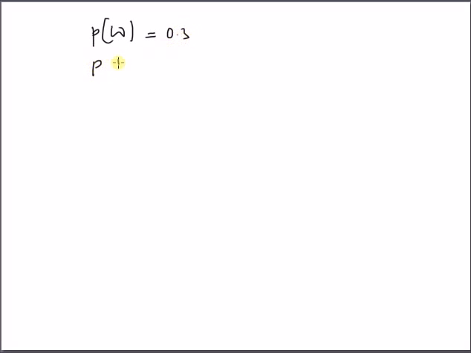Now we need to know the probability of event B, which is equal to the probability of all the outcomes in which the code is very long. So it is equal to probability of BF plus probability of BW. And we know that they are both equal to 0.2. So the total probability is 0.4.